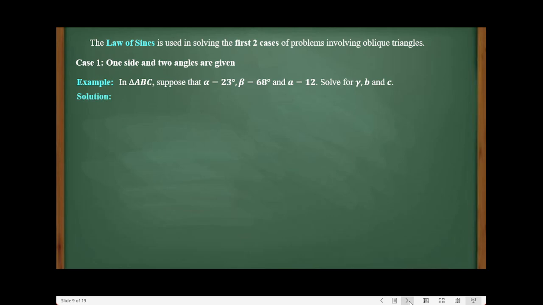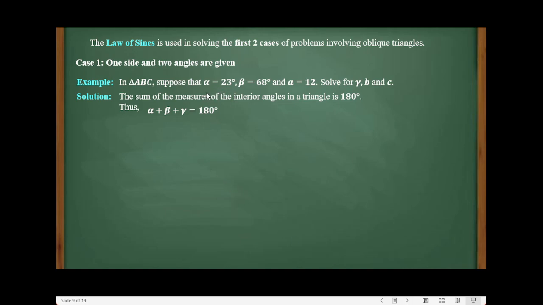Now for our solution, the sum of the measures of the interior angles in a triangle is 180. Since two of those three angles are given, we could easily find the measure of the third angle by simply subtracting the sum of the two given angles from 180 degrees in order to obtain the measure of angle gamma.